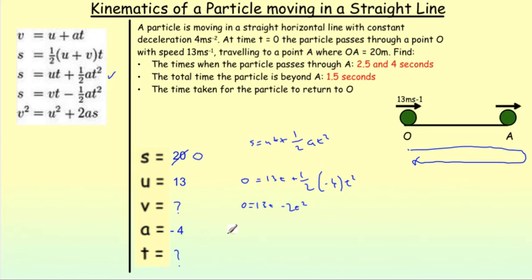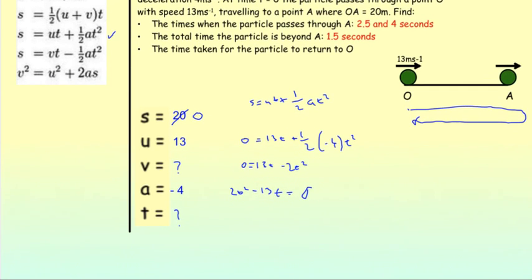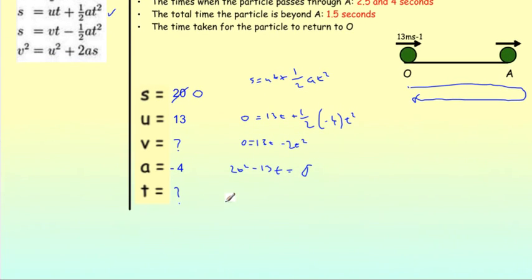And as before, we're going to set up a quadratic here again. If we bring everything over to the left side, we end up with 2T squared minus 13T is equal to 0. So 2T squared minus 13T is equal to 0.